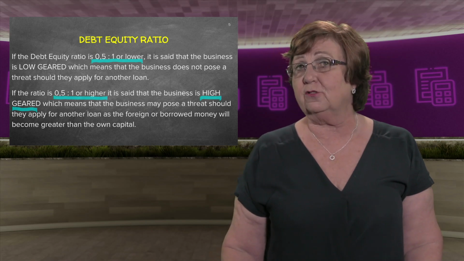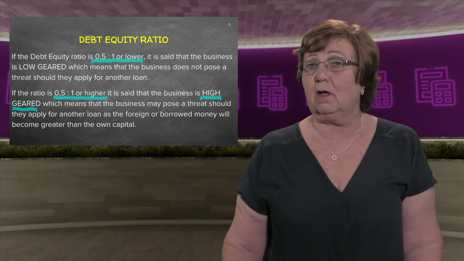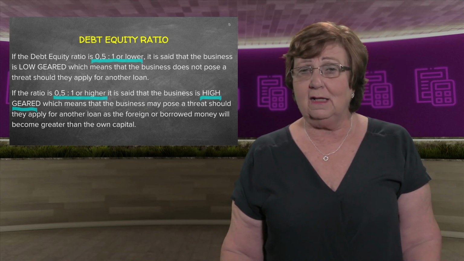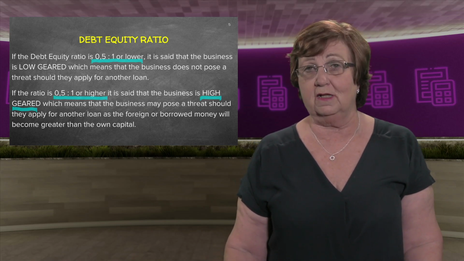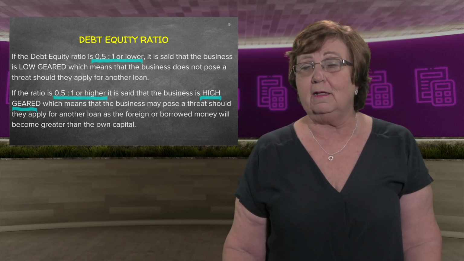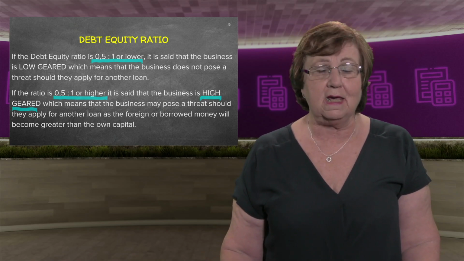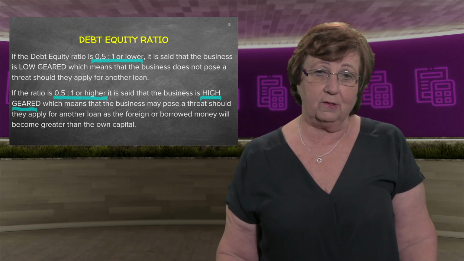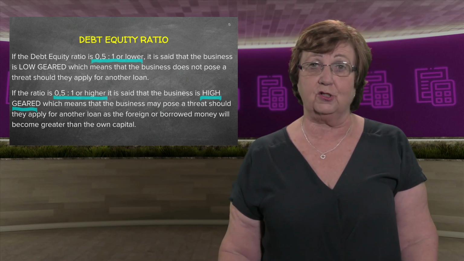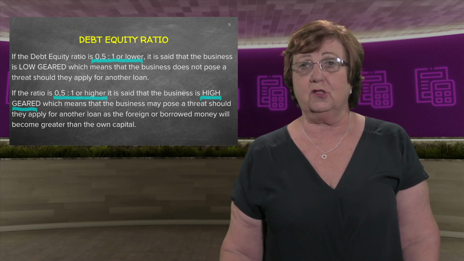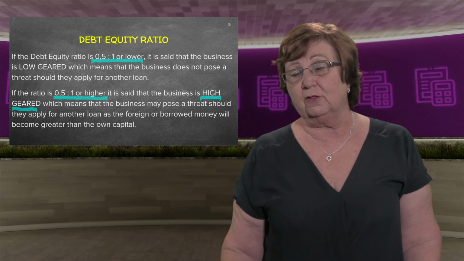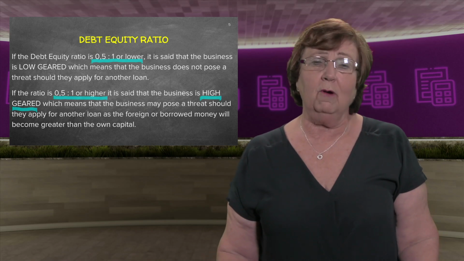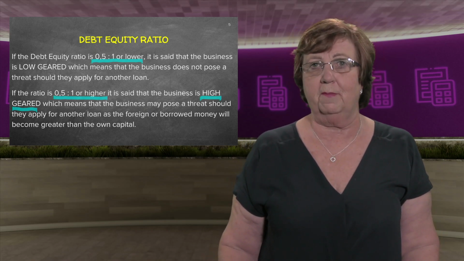However, if we get to 0.8, 0.9, and we apply to borrow more money from a financial institution, we would probably not be granted the amount of money that we have applied to borrow, and so we would have to make alternative arrangements. Now, what alternative arrangements could we make?